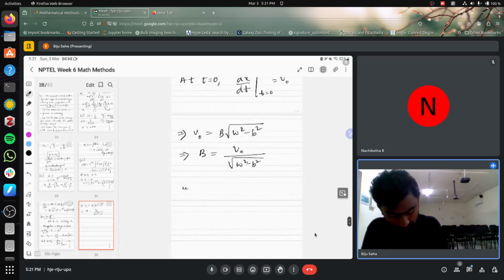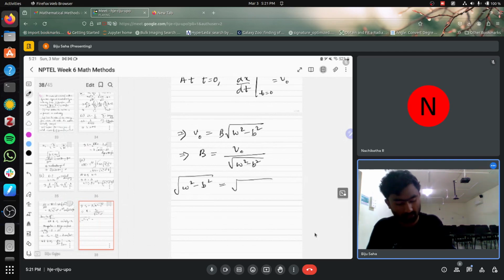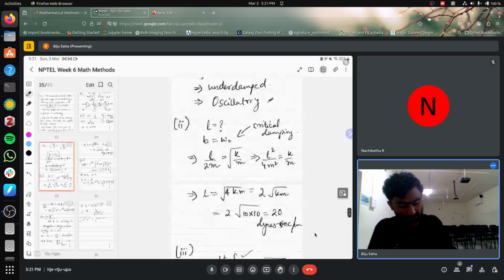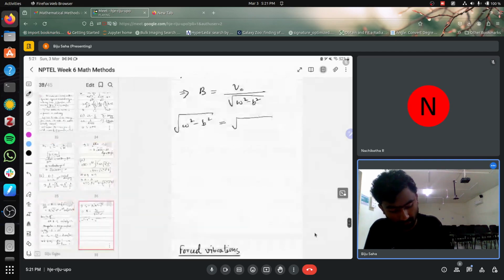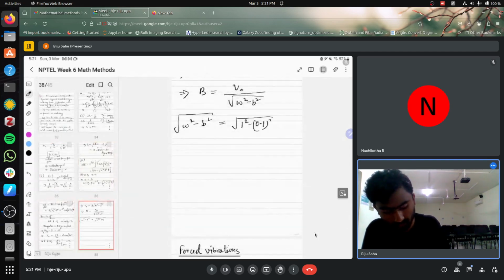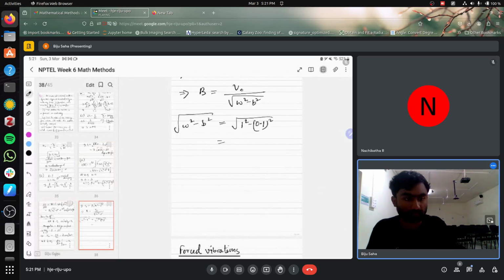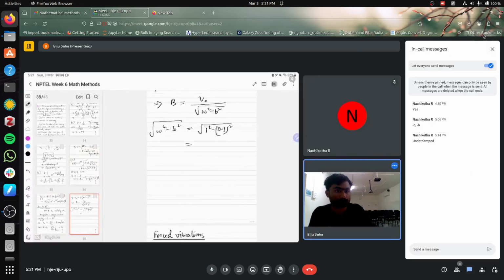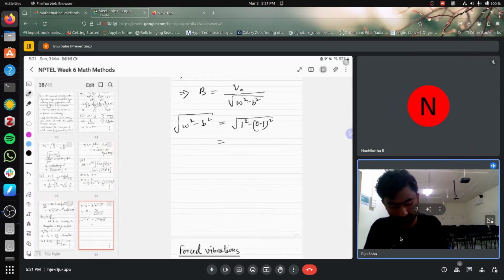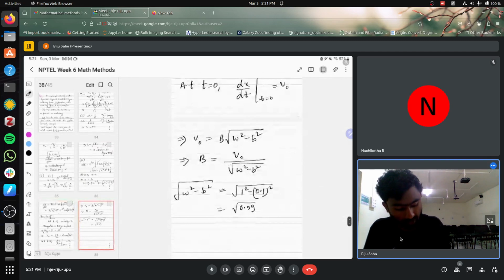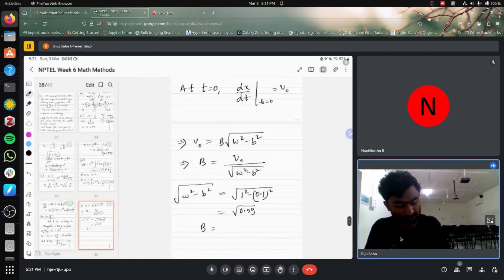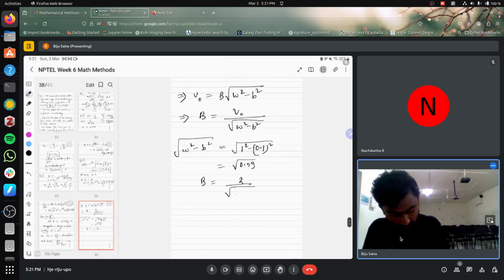So what is omega square by b square? We earlier calculated omega was 1 and b was 0.1. So what I get is root of 0.99. So with all this, b is equal to v0, that is 2 by 0.99.